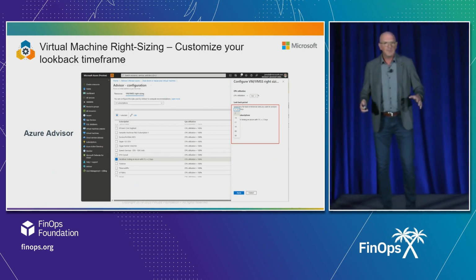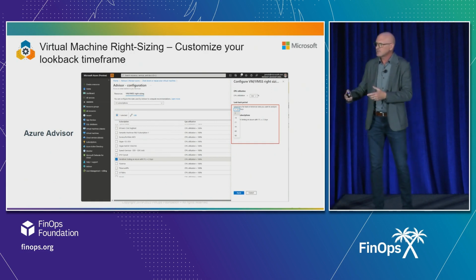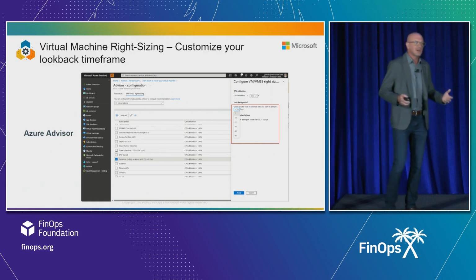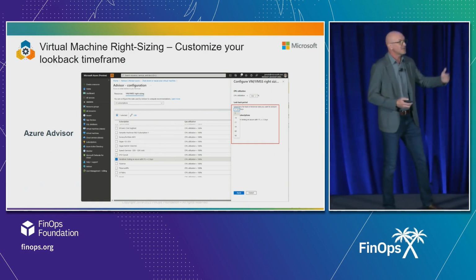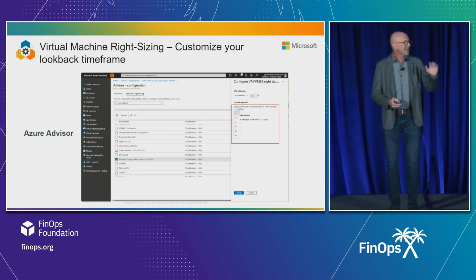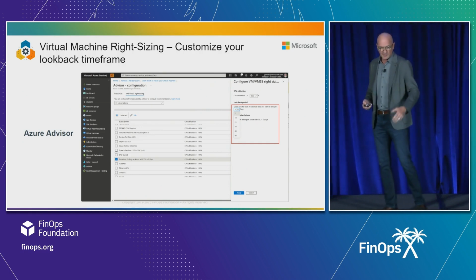I do recommend for some workloads, especially workloads that are batch level processing that may occur during fiscal terms, like the finance teams always like to run major batch level jobs at the end of each quarter, and especially at the end of a fiduciary year, to pay attention to those, tag those resources as kind of special, because their overall behavior will be a little bit more sporadic, if you will.